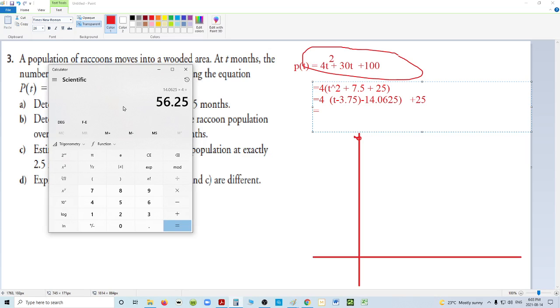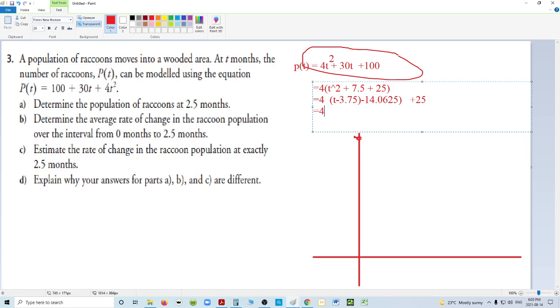So let me make sure. I believe it's declining. Okay.